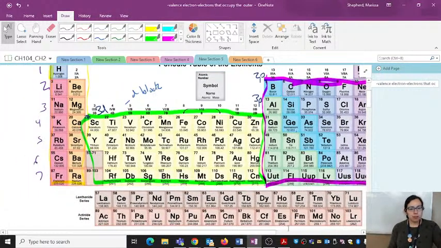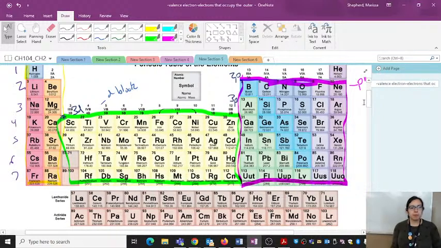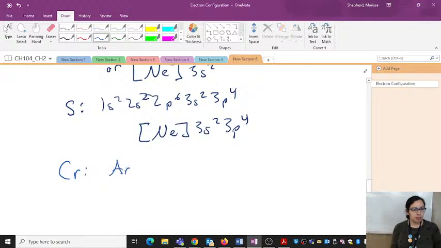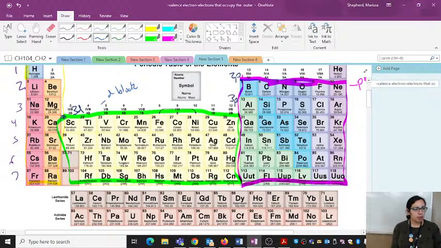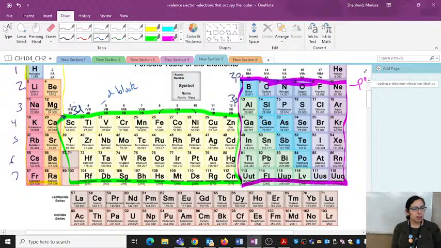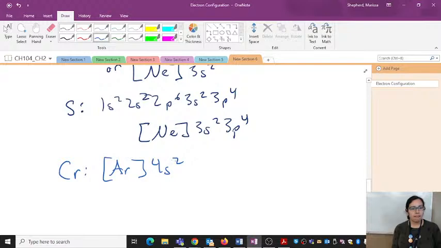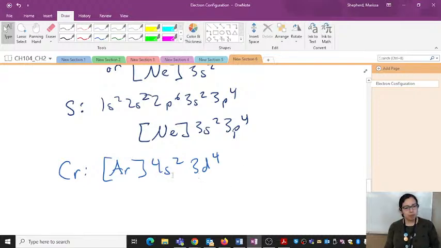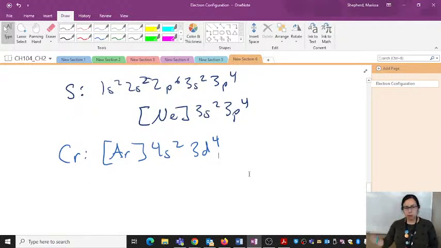So if we were going for the electron configuration of chromium, let's start at argon to make our lives easy. So we have argon, and then 4s2, again, just filling it up how we would expect it to be. And then 3d, 1, 2, 3, 4. So 3d4. And so I don't expect you to realize anything beyond this, but what you are saying is what actually happens.